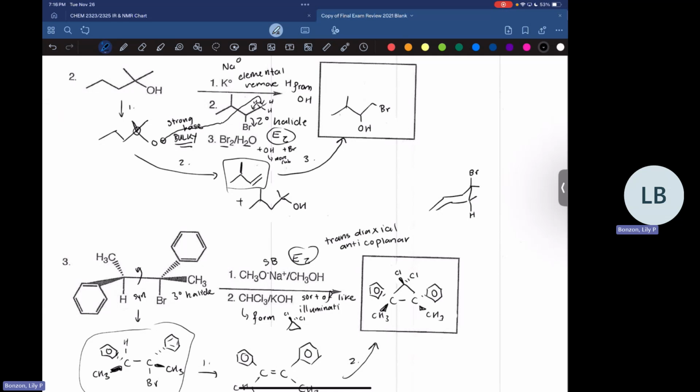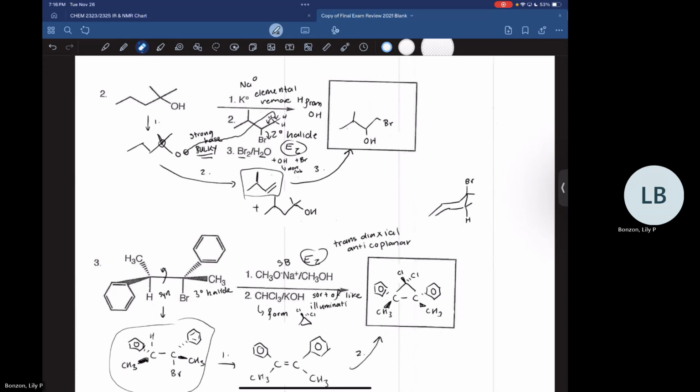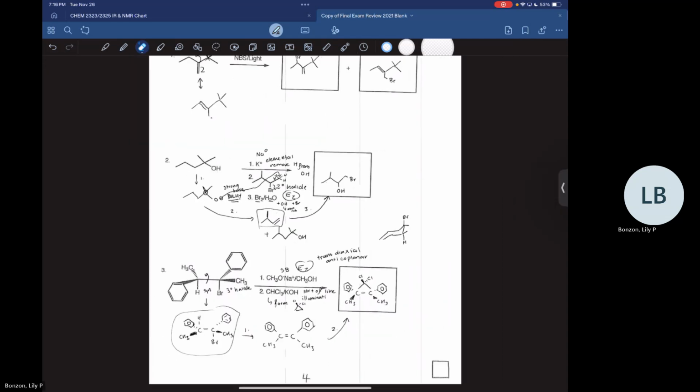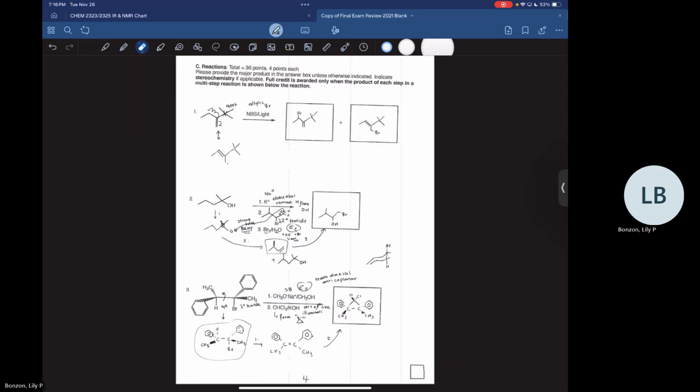So we need the hydrogen to be up and the bromine down, or vice versa. Oh yeah, on the key, there's no stereo drawn, but if you drew it, it wouldn't be counted off, I don't think. I think that one does anti-addition.